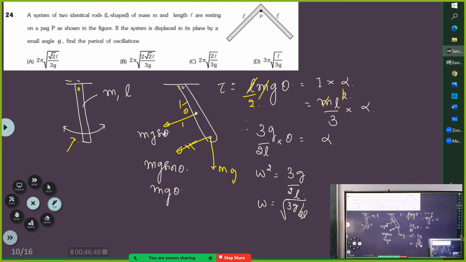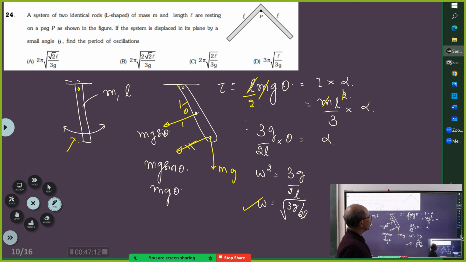You got the same answer? Yes, I got it. You got this one below, 3g by 2L? Adil? Yes. Okay, I just want to confirm, because I have also done it, and if both of us get the same answers, then the probability that what we have done here is right is higher. That's the whole idea. And we are learning.